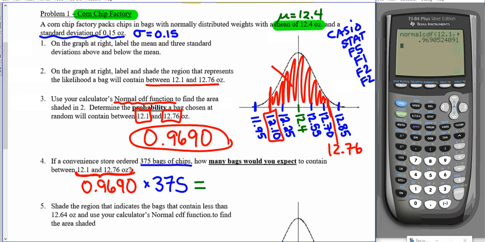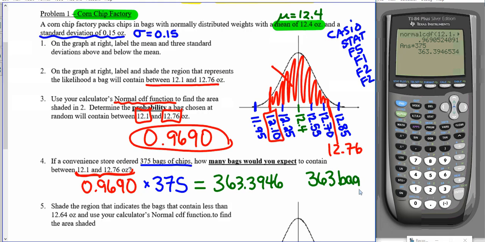So I can just use the answer button on my calculator to multiply by 375, and that gives me 363.3946. I usually write down this answer to 4 decimal places and then think, is this something I can really have a portion of? Can I have 363.3 bags of chips? No, I really should round to a whole number, so I'll make that go down to 363 bags.